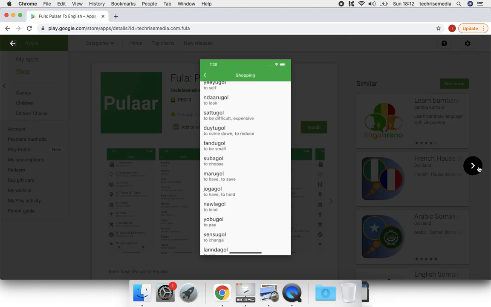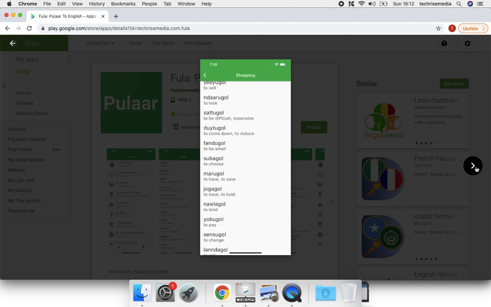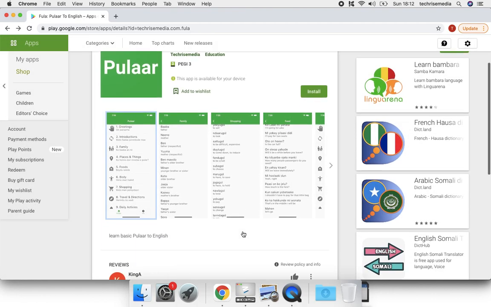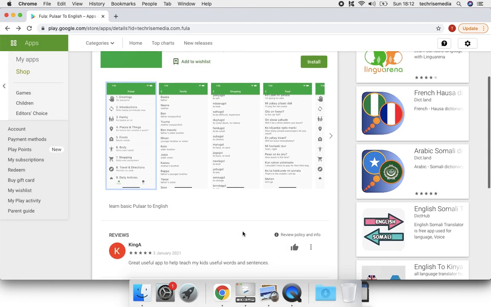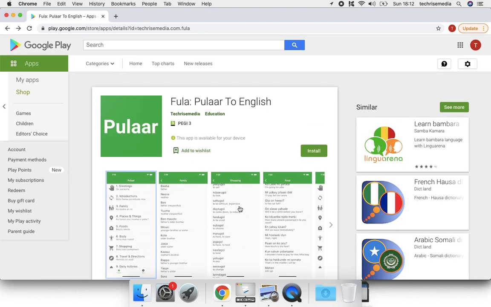I'll touch on the family next. Pretty much everything is lined up here. The only thing you haven't got is pictures. I will improve the app later by adding some machine learning, where you could take your camera out and detect an object or a chair, and it would say it in the Fulani language. That's something I'm currently working on.